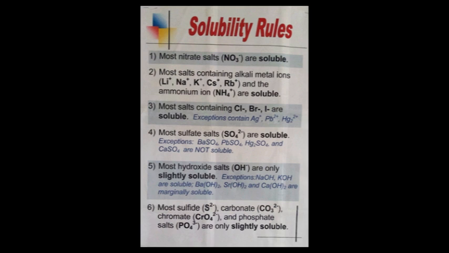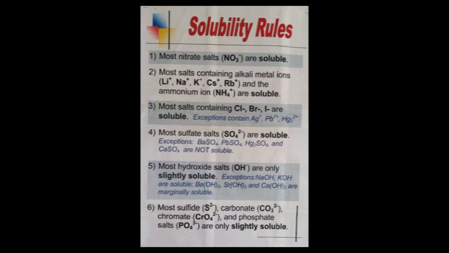Most hydroxides are just slightly soluble. Everyone says, well, what's slightly mean? Basically, you can say that most hydroxides are not soluble. All right, that's kind of what that means. There are a few exceptions. Again, the alkali metal sodium hydroxide or potassium hydroxide, those are both soluble.